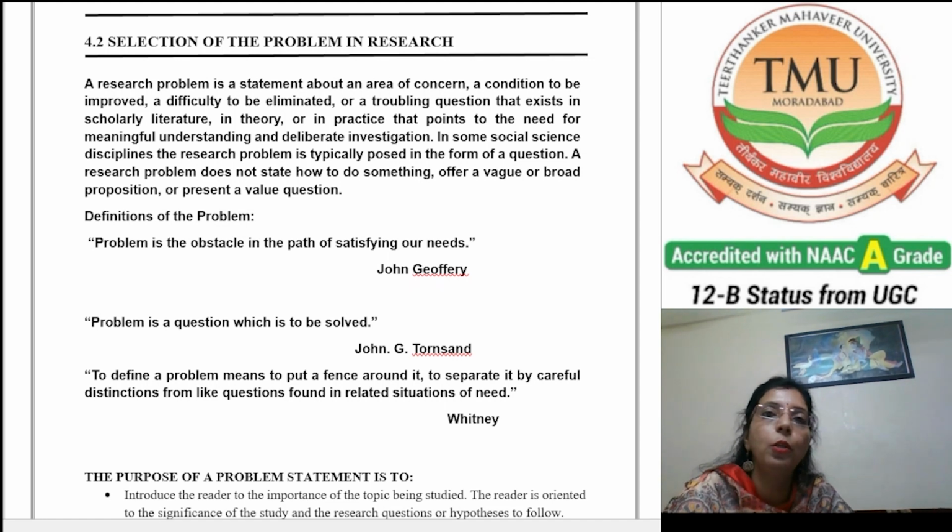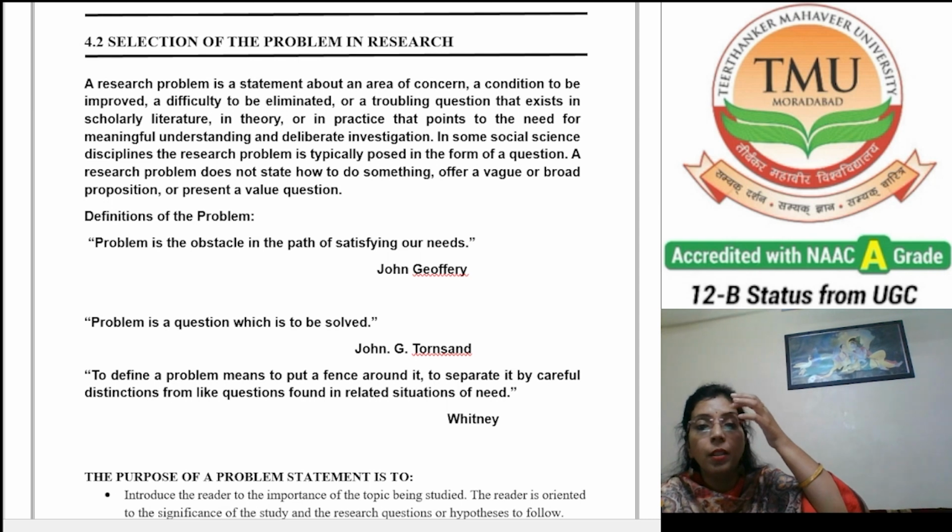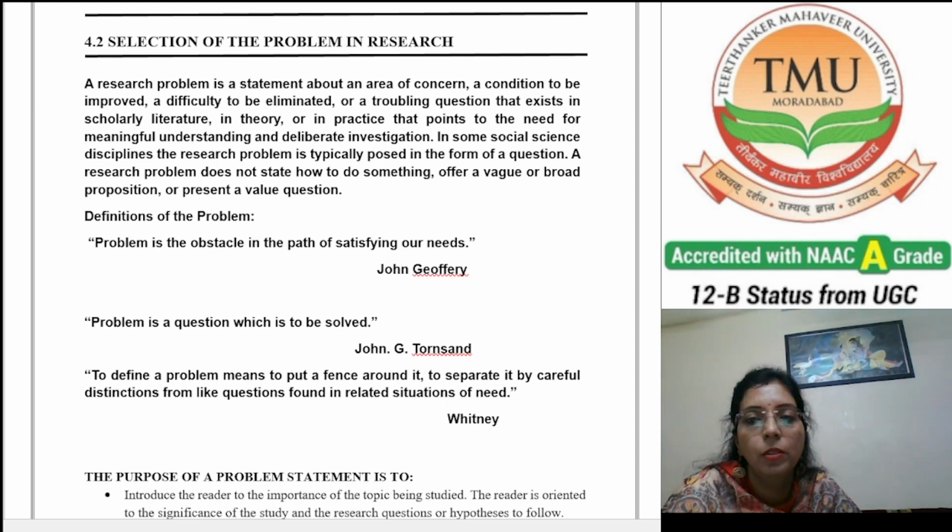It should be related to previous works, based on some authentic knowledge, some reliable background. So you need to read a lot. You need to read extensively.